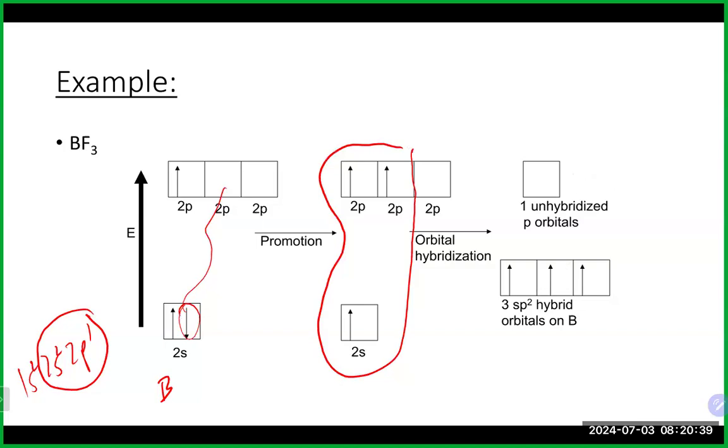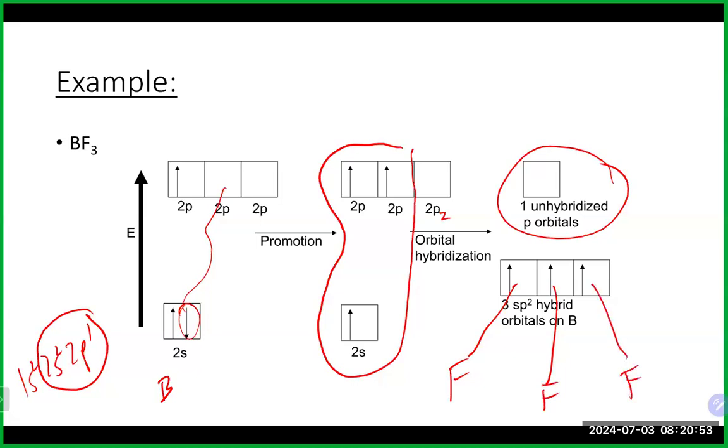It's going to leave one unhybridized, which is actually the pz orbital in this particular case. This allows each of these hybrid orbitals to bond with a fluorine through sharing of electrons between the fluorine and these hybrid orbitals.